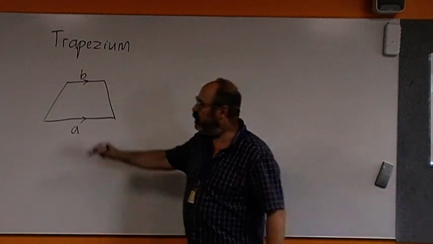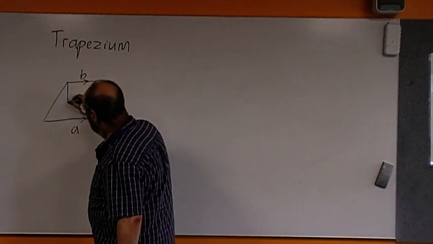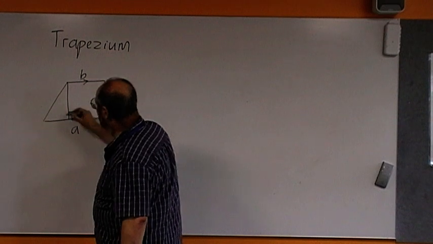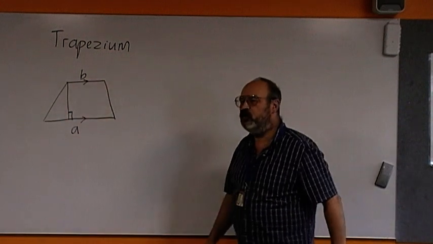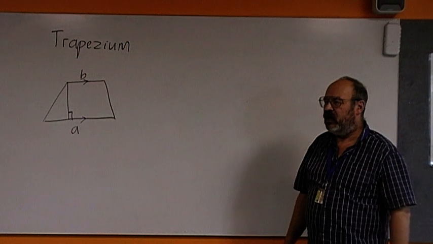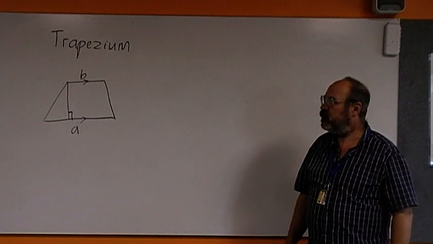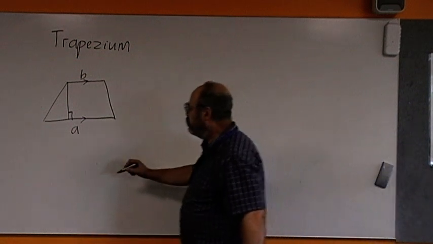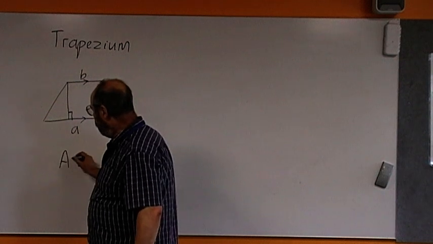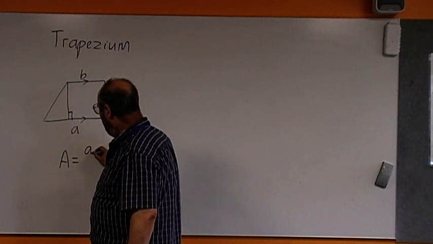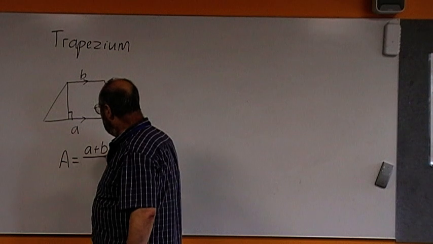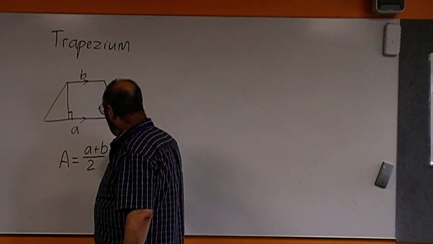And we have the height of the trapezium, the line going at a right angle to the longest side. The formula for the area of the trapezium equals A plus B divided by 2, times the height.